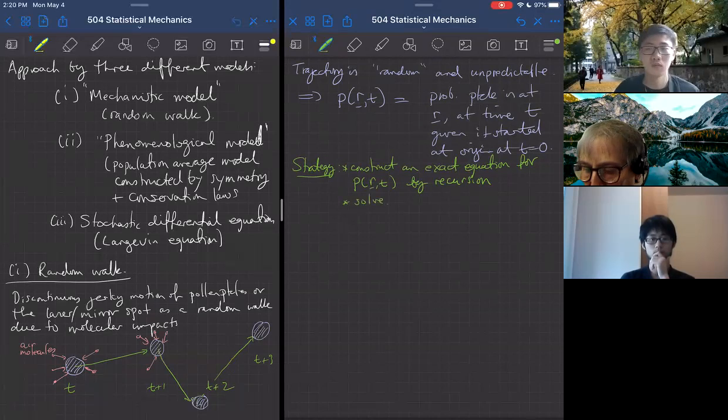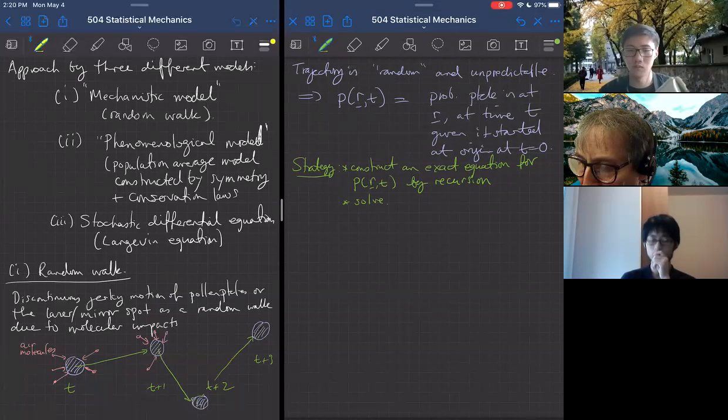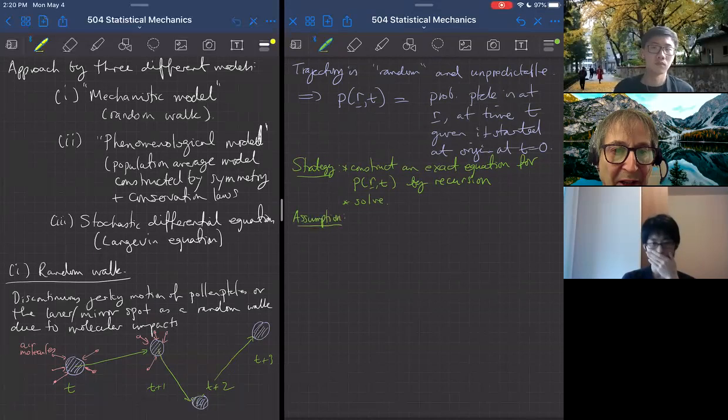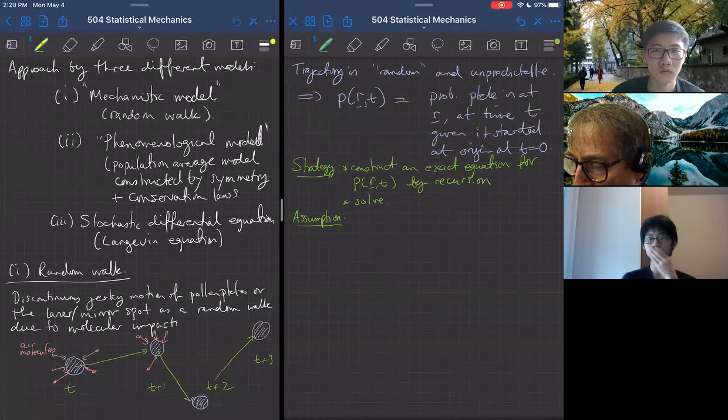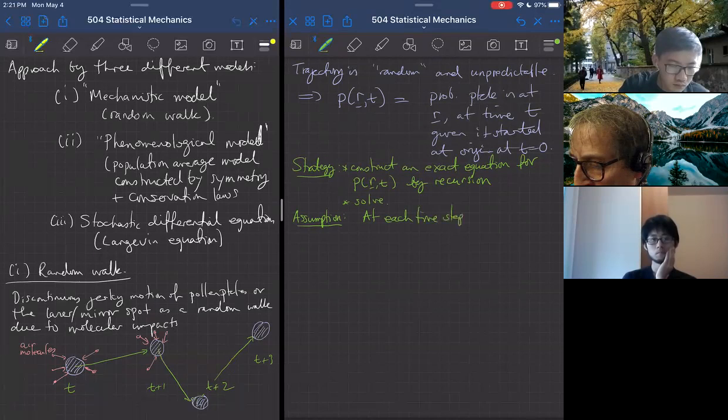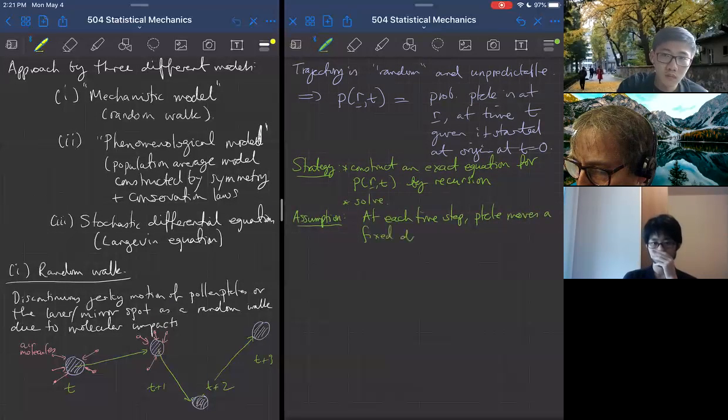So what we're going to do in our model is make an assumption. What we're going to assume is that at each time step the particle moves a fixed distance, which I will call a little l, and it does that in a random direction.